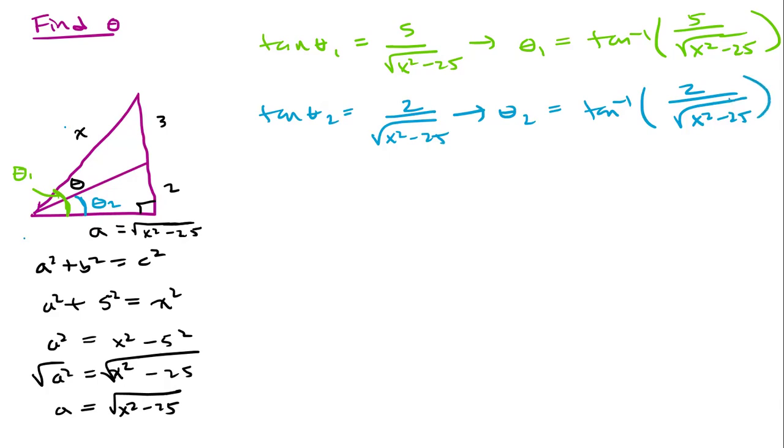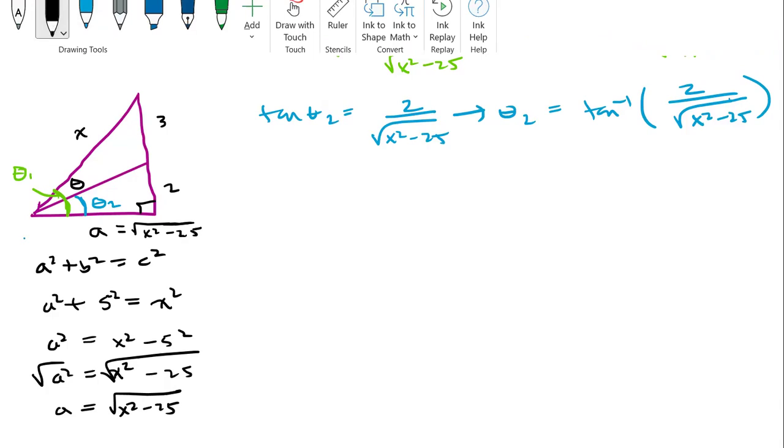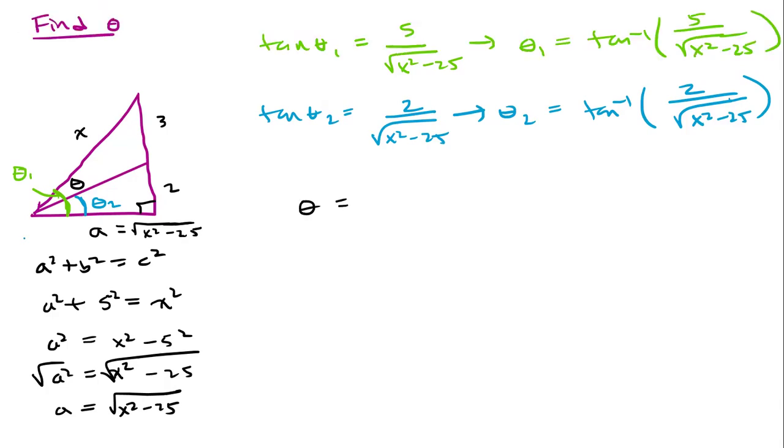Okay. All right. So now what we can do is just manipulate our angles here to find out what theta is. So notice, theta just equals what? Theta 1 minus theta 2, right? Theta is just the big angle, the green one here, theta 1, minus a small angle, theta 2.